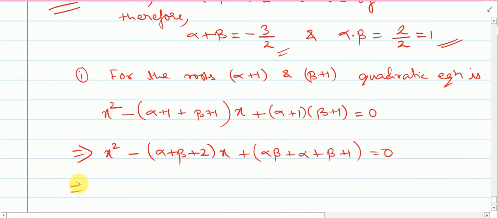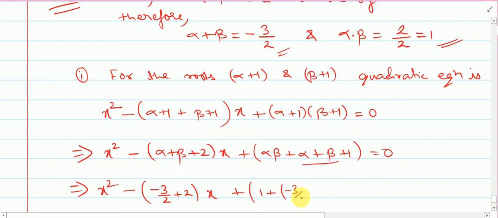So now you can easily see this alpha plus beta can be replaced by this value, minus 3 by 2. So I can write minus 3 by 2 plus 2, and here alpha into beta can be replaced by 1, and this alpha plus beta can be replaced by minus 3 by 2, and here 1 equal to 0.